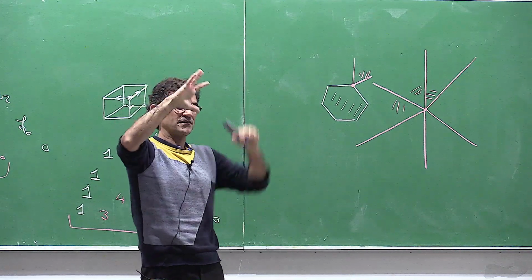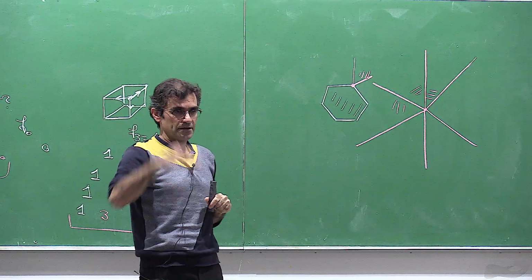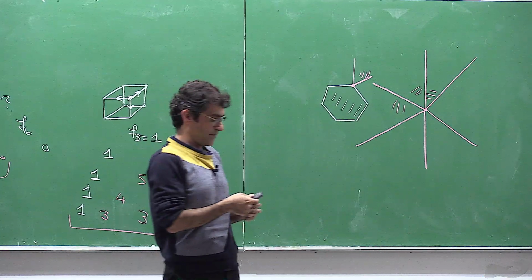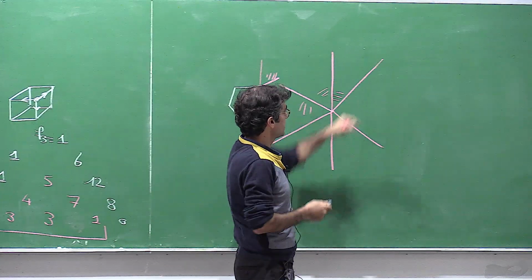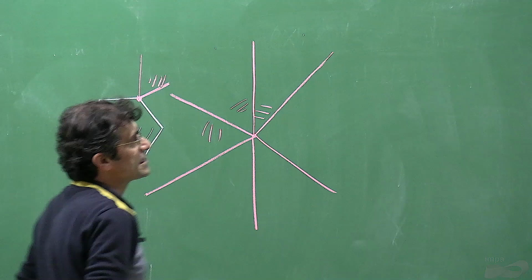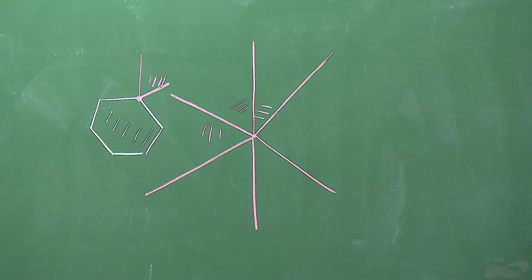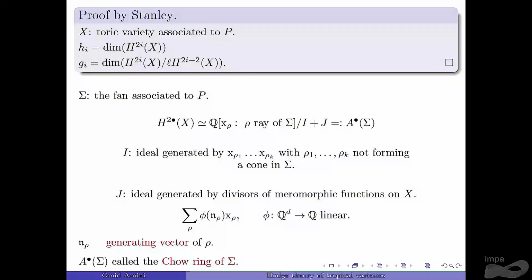The toric variety has a big torus, and it is compactified by adding other tori on the boundary. To each ray is associated a divisor which lives inside that boundary. And to each of these divisors is associated an element of H2. Basically, these divisors generate the full cohomology.